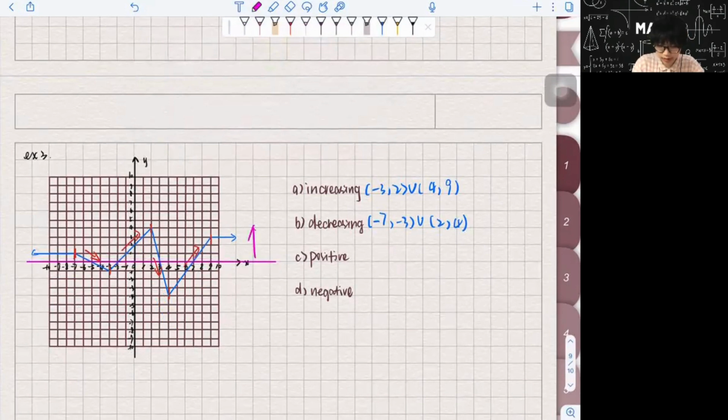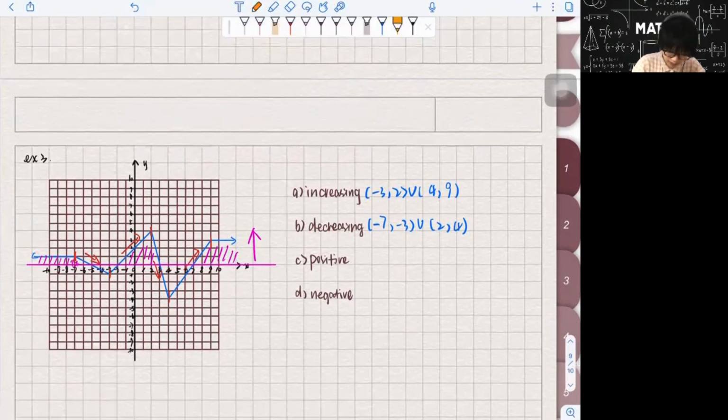There are three parts above the x-axis. So this is the first positive part, and this is the second one. This is the third one. And here is the first negative part, and here is the second negative part.